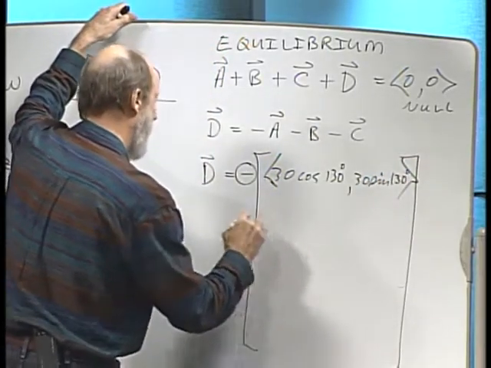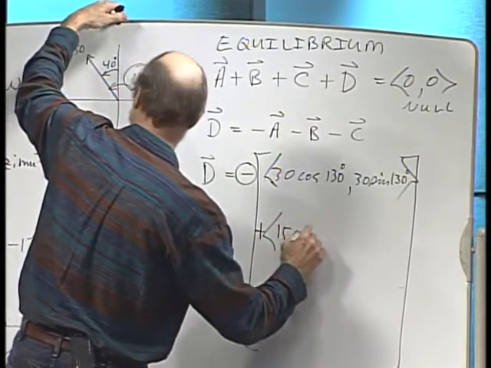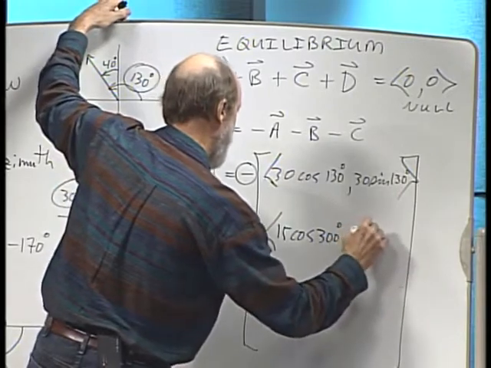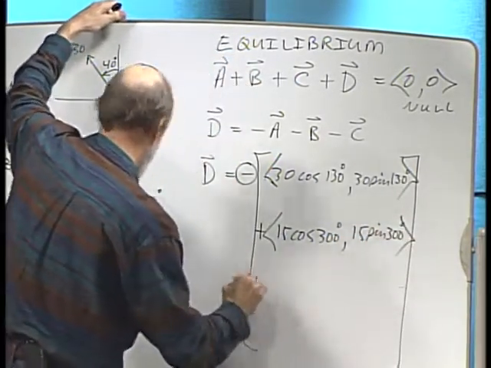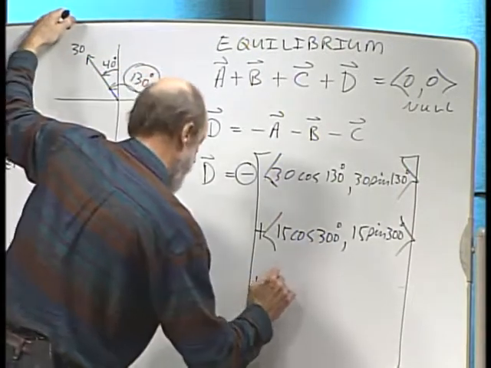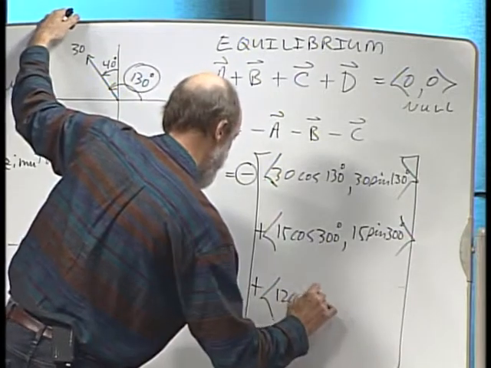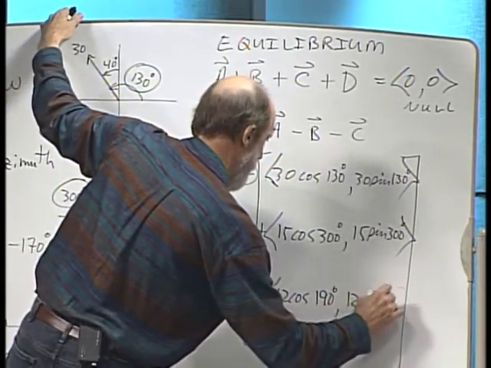And inside there, add to it 15 cosine of 300 degrees, comma, 15 sine 300 degrees. And lastly, 12 meters cosine of its standard angle, 190 degrees, comma, 12 sine 190 degrees.